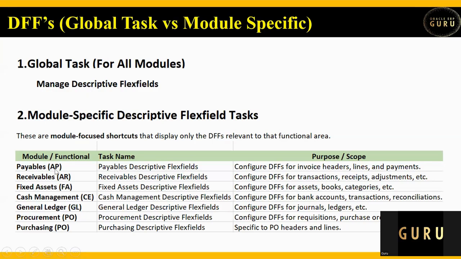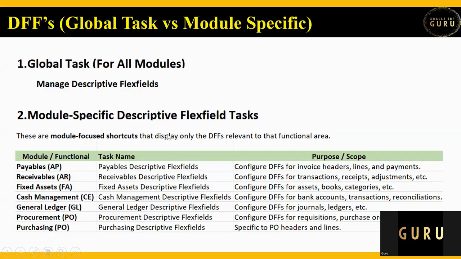If you want to create a descriptive flexfield only for payables, you can use the module-specific task: payables descriptive flexfield, receivables descriptive flexfields, fixed asset, etc. So this is how the global task and module-specific descriptive flexfield works.